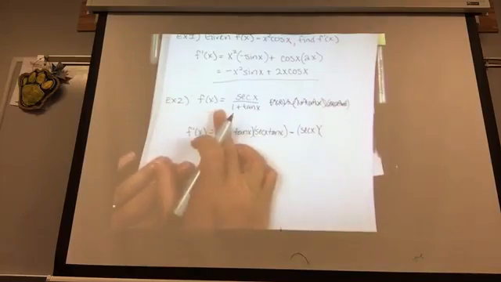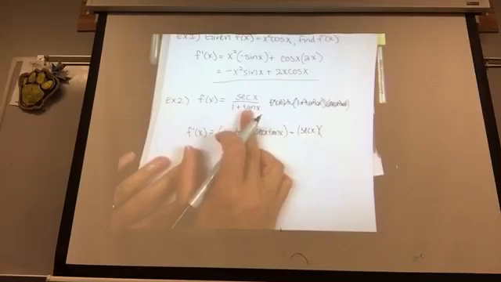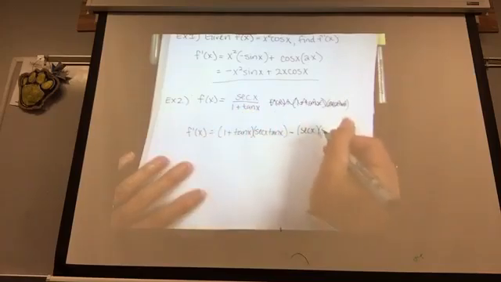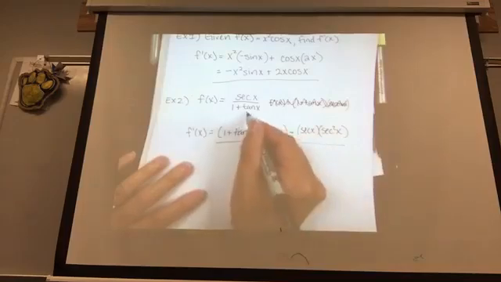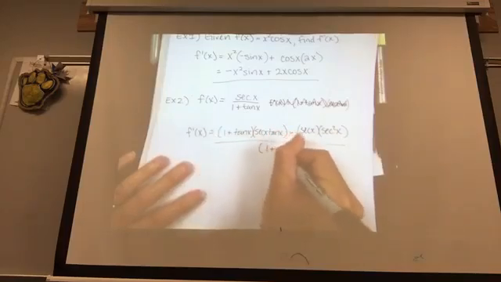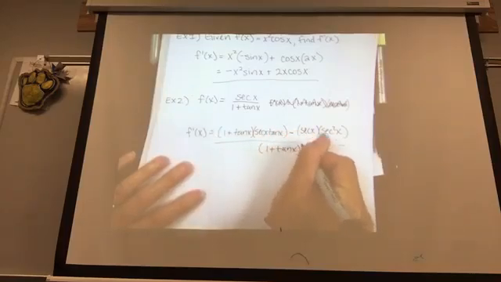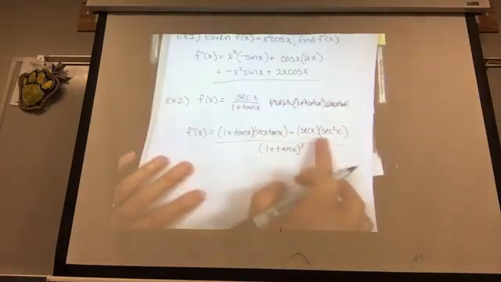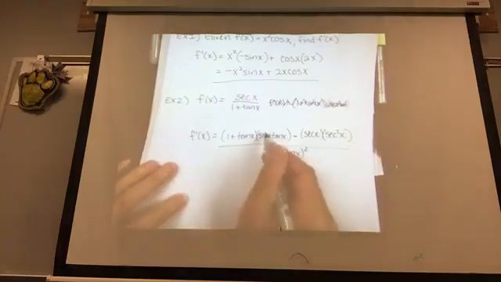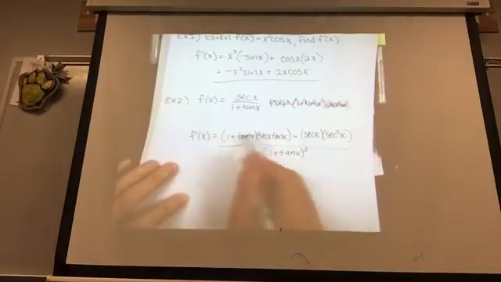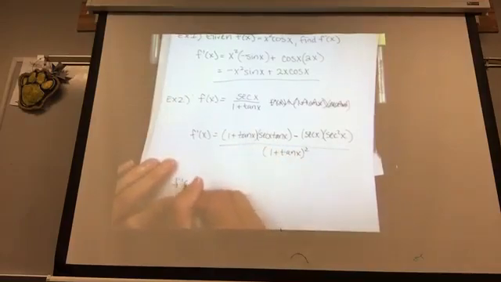Good. The derivative of 1 is 0. The derivative of tangent of x is secant squared of x. And so now all over the bottom squared. And then we can simplify the numerator. We can distribute secant of x tangent of x to 1 plus tangent of x.